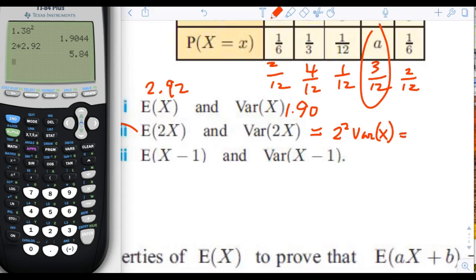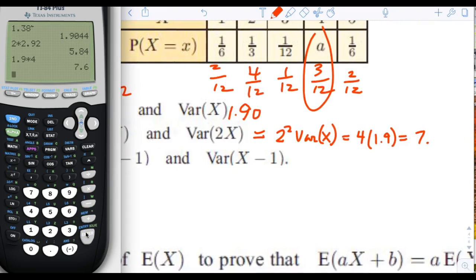And the variance of x is equal to 1.90, so that would be 4 times 1.9. So that's 7.6.